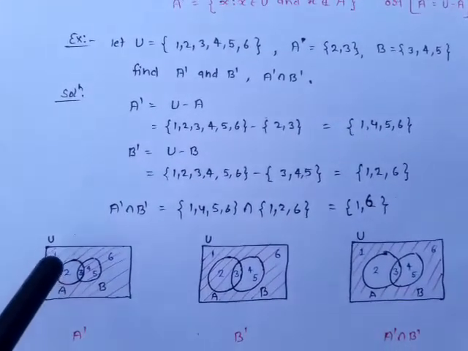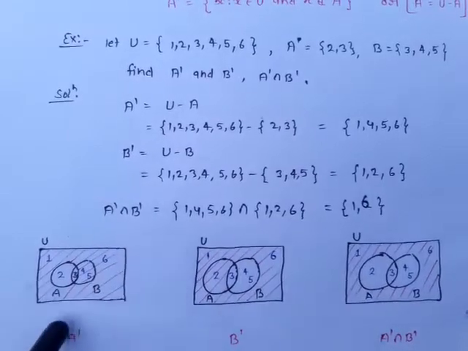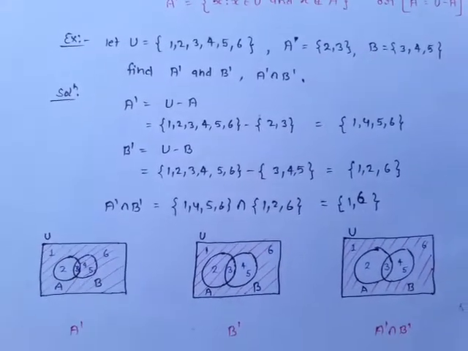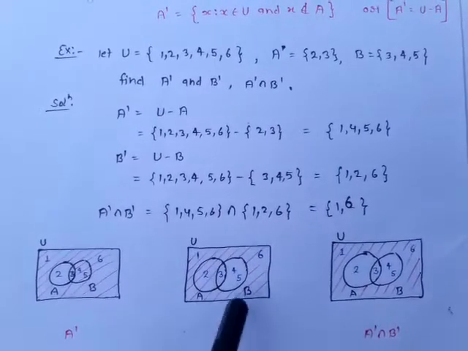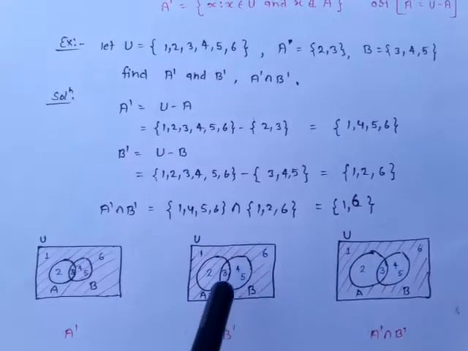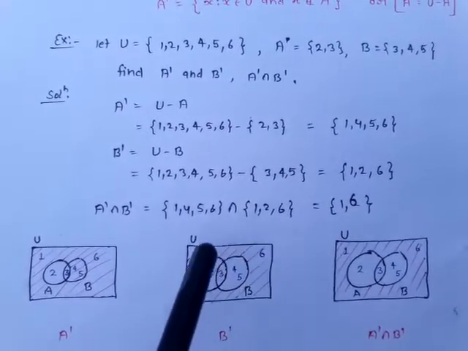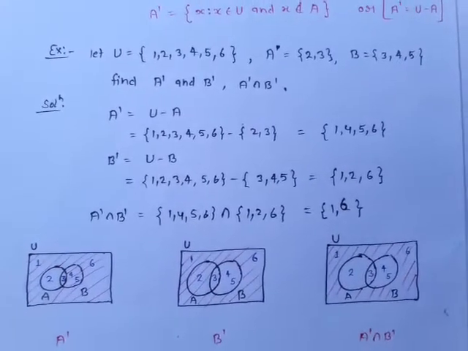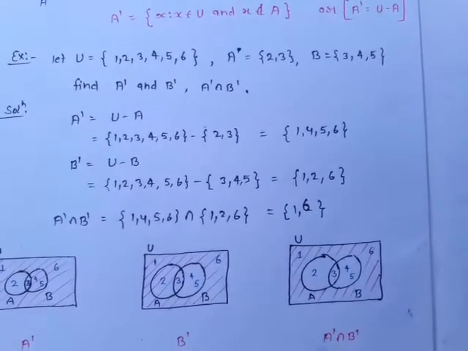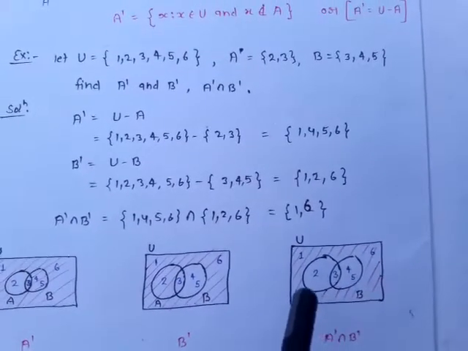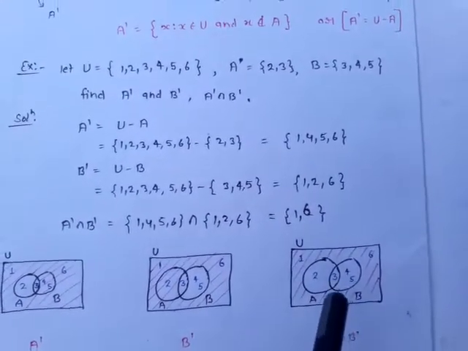Here 1, 4, 5, 6 are shaded but set A is not shaded. This is the result of A dash. B dash is 1, 2, 6. These elements are shaded but set B is not shaded. This is the result of B dash. Similarly, A dash intersection B dash is 1, 6. So only 1 and 6 are shaded, and A and B are not shaded.